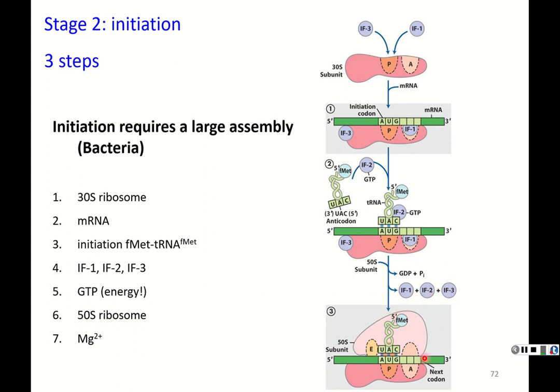Then you have what would be similar in transcription to a closed complex, with both ribosomal subunits now sandwiching the messenger RNA, and your first FMET tRNA in the start codon in the P site of your ribosome.